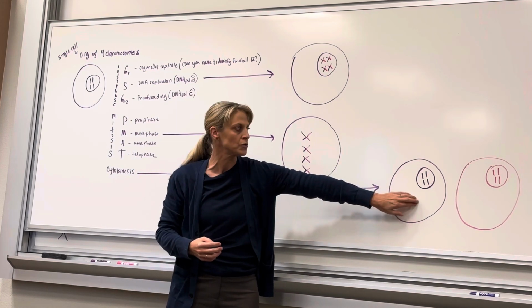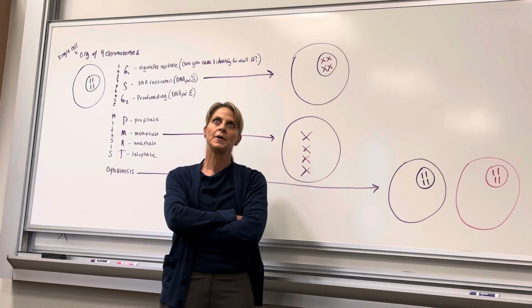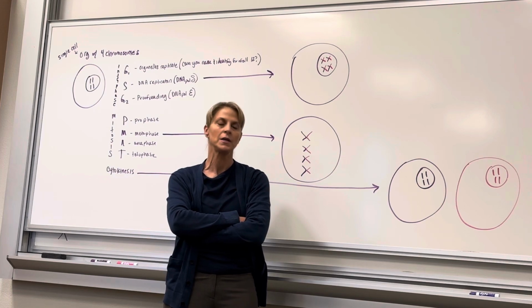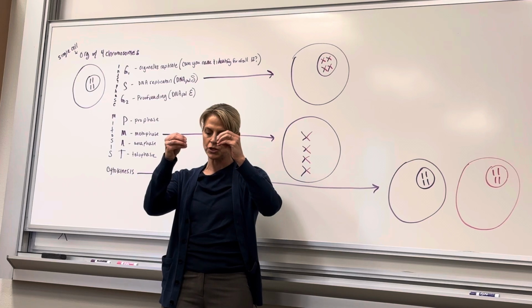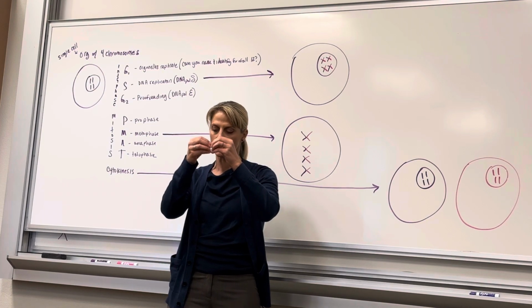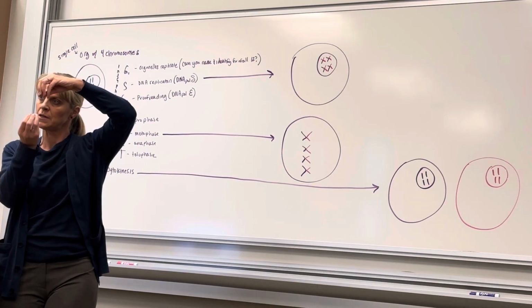Yeah, so is it paused when it's going through replication? That is a good question. I would say yes, because what's happening is the origins of replication are euchromatin, and the rest would be heterochromatin.